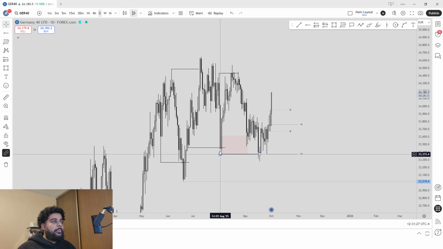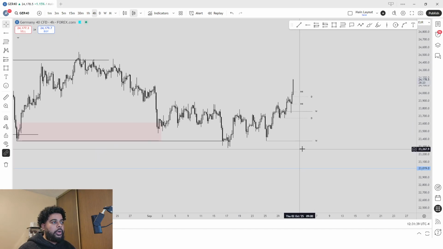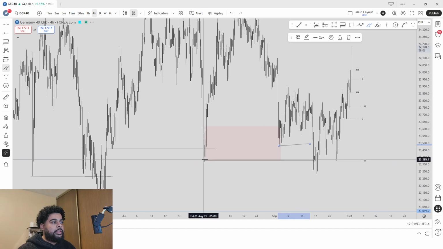So what ends up happening is we get the sell-off, we take out the low. Now I didn't buy straight at the low because, like I said, this low was still on the cards for me. However, if I go back on the 4-hour time frame, we then had a move up. And once we've had this consolidation and this move lower, it took out lows, this low right here as well as the low over here.